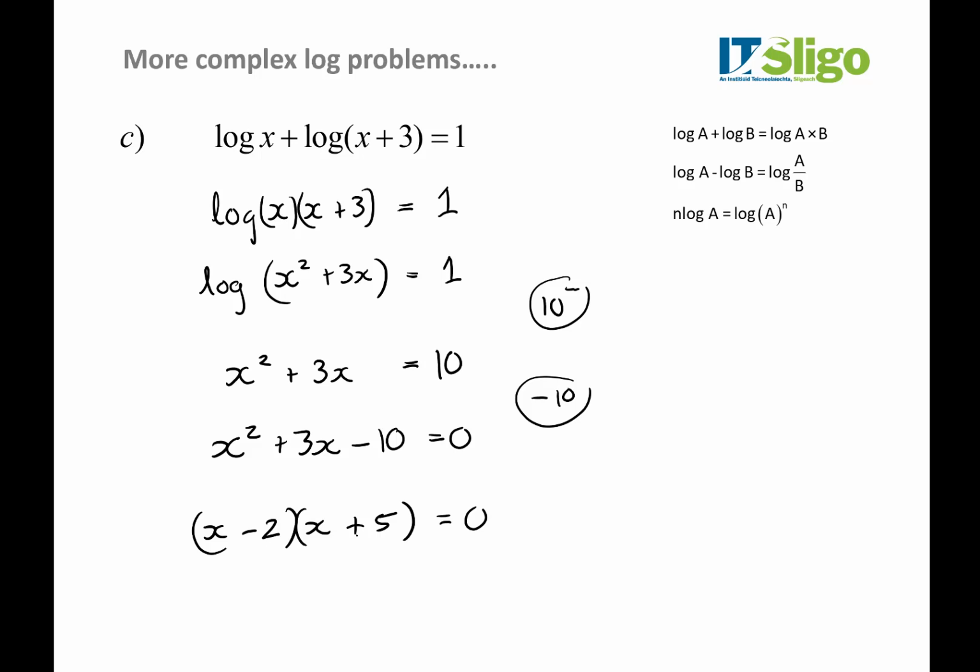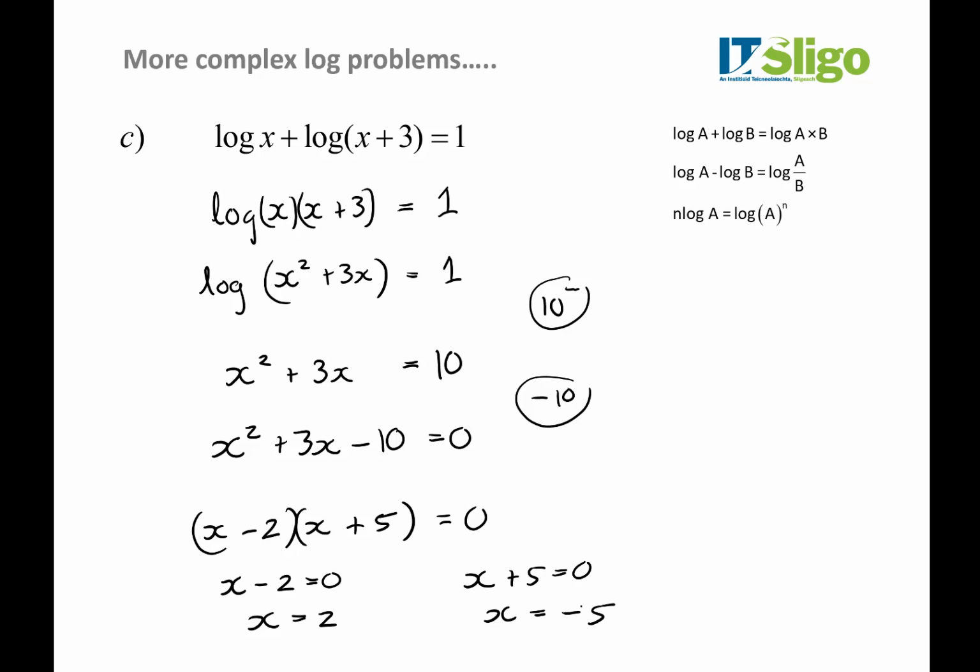Yep, everything is okay. And now, when we let each bracket equal to 0, we get x minus 2 is equal to 0, and x plus 5 is equal to 0. So these are our two answers.